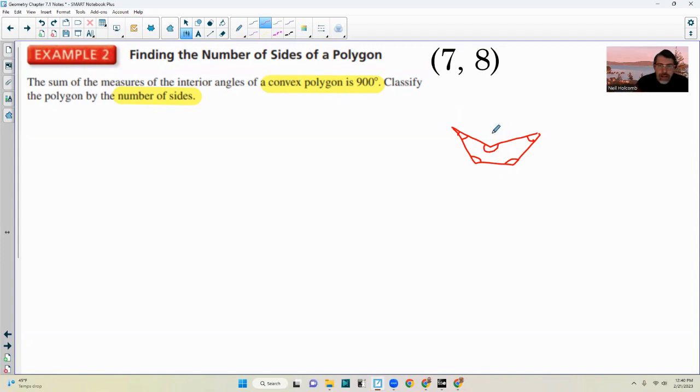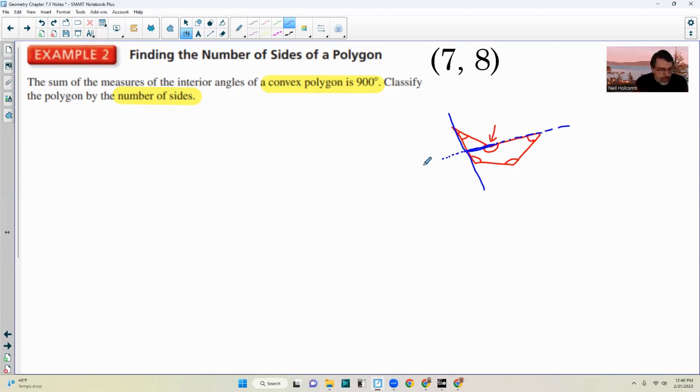That is concave because it got caved in. So a convex polygon is where if you extend any one of the sides, it will not go through the interior. So once I made this concave, as you can see, if I extended these sides to infinity, right here, it goes through the interior of this polygon.